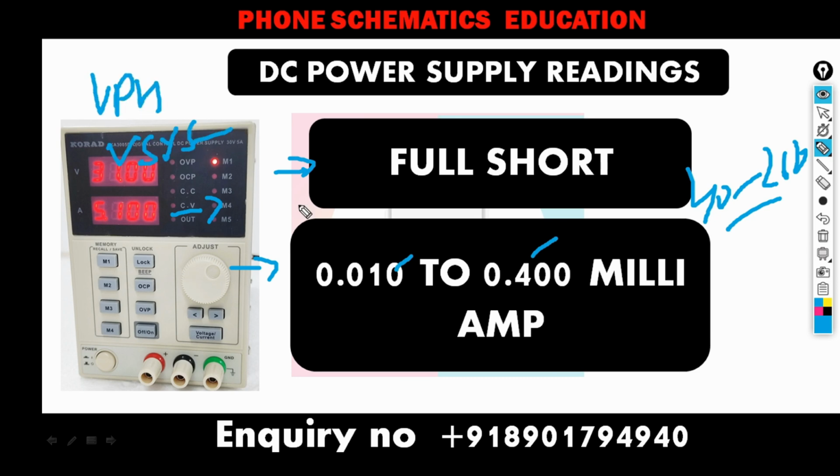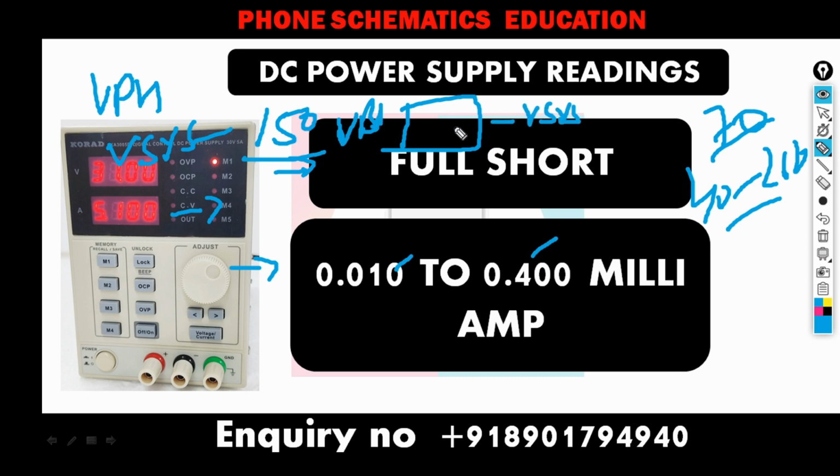VPH line or V system line. Sometimes you will see there is a 70, or let's say 150. But when you go to the VPH, there is a full short, because in between VBAT and PA system, there is a DC to DC IC.